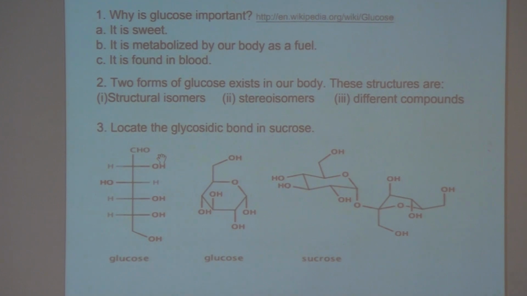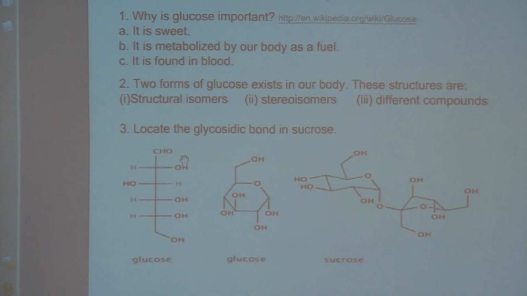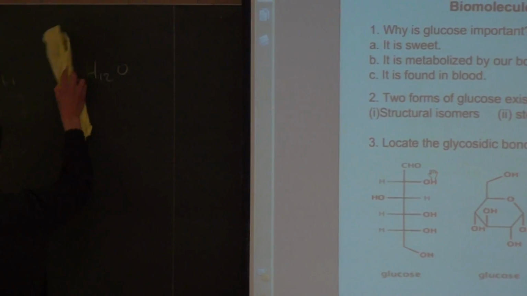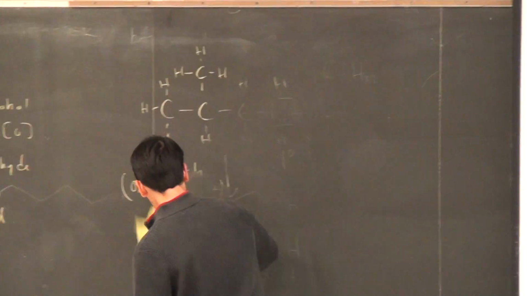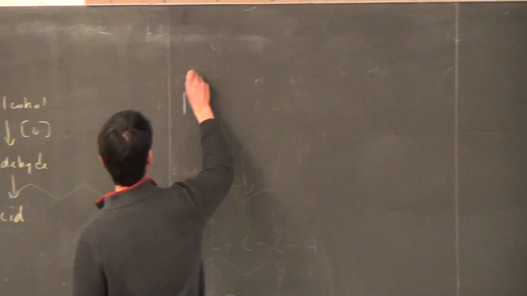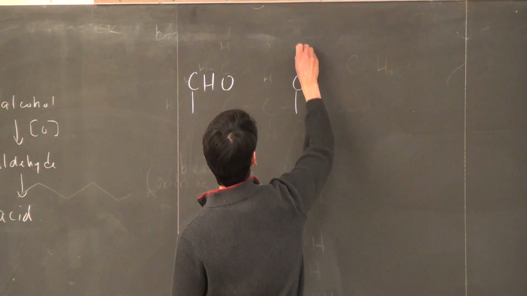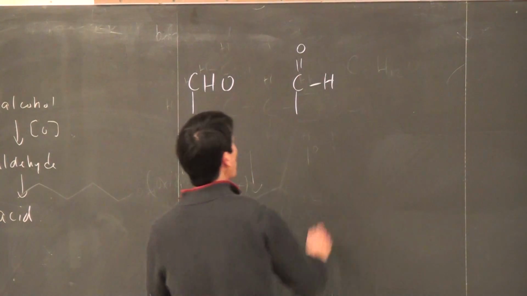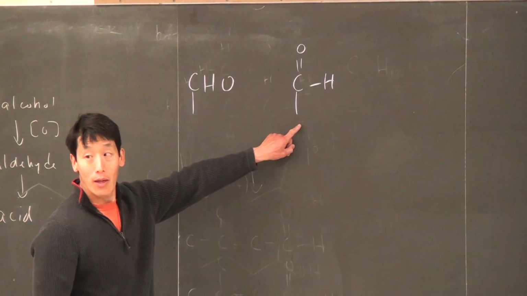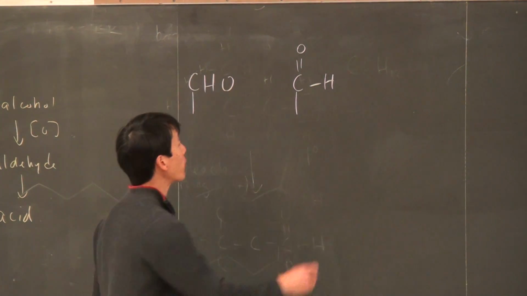Yeah, because this is shorthand for this arrangement. If you see this, CHO, that's the same as this. And what functional group is this one? Yeah, that's the aldehyde functional group.